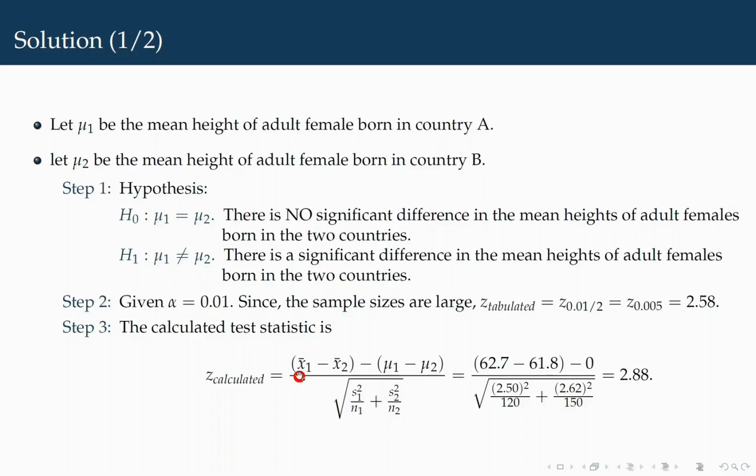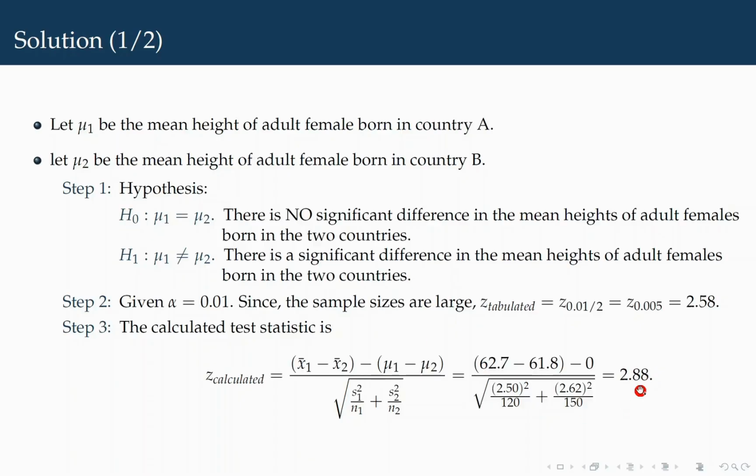So these are the sample mean of the first group minus the sample mean of the second group. So the result is going to be 2.88. So 2.88 is greater than 2.58. So that means H0 should be rejected or the test is significant.